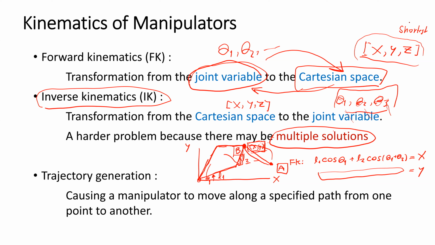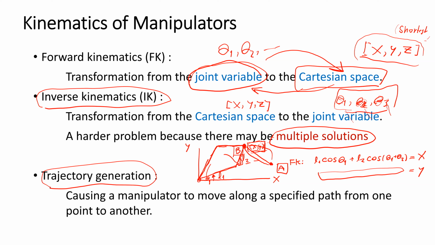A human may want to see what he can see and predict in the real world coordinates, the X, Y, Z coordinates. But if we ask the robot, maybe the robot may prefer the shortest position change in each joint. So this is the problem of trajectory generation.